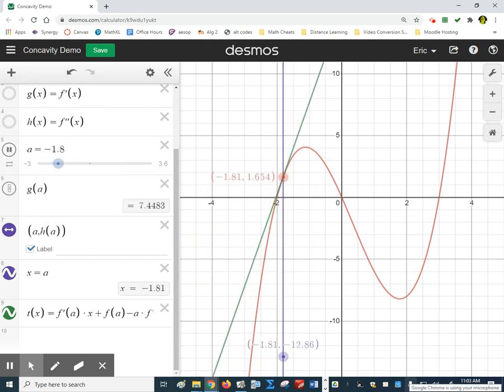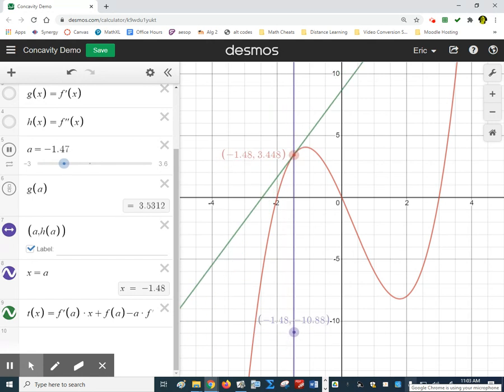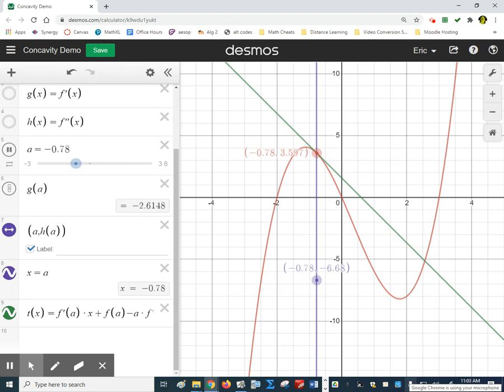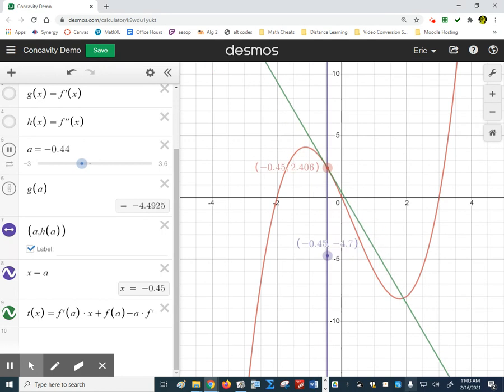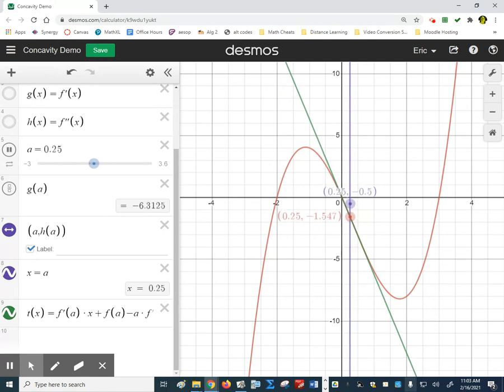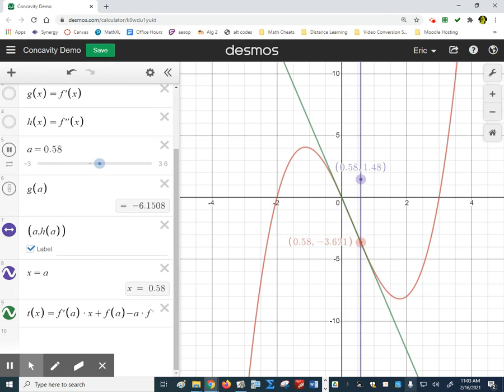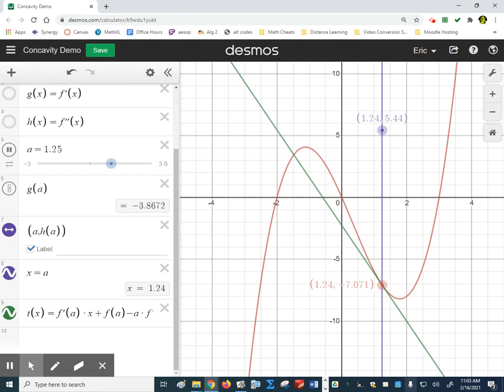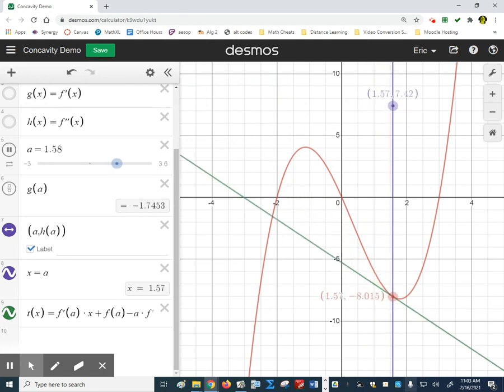Second derivative is negative, negative. Ooh, it's getting closer to zero. Still negative. Now it's positive. It went through zero and now it's positive. How does that change the relationship between the green tangent line and the red curve?